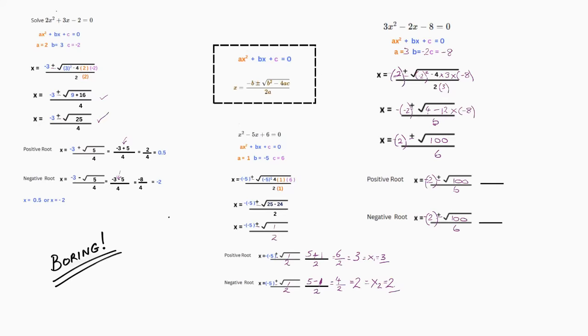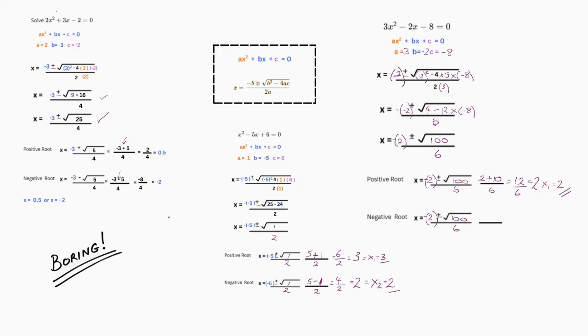So here, put all this into the calculator. We're going to do the plus first. We know that the square root of 100 is 10, divided by 6 equals 12 over 6. Can we simplify it? We certainly can, and that becomes 2. So our positive root is 2.